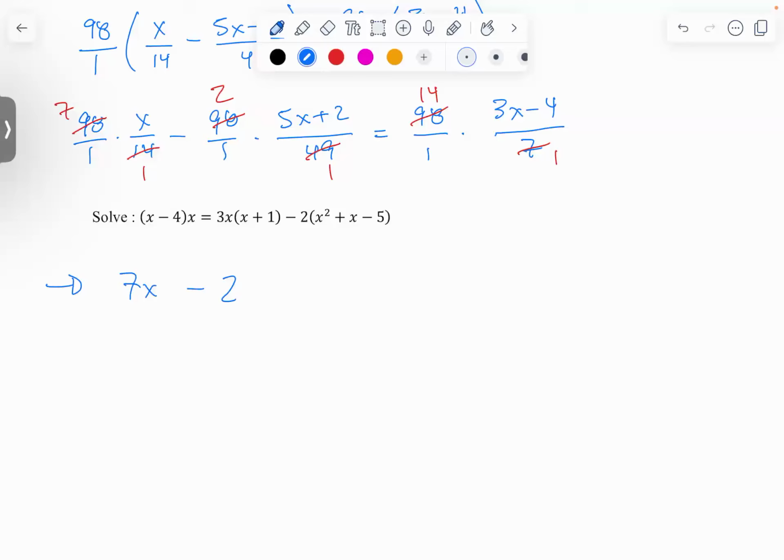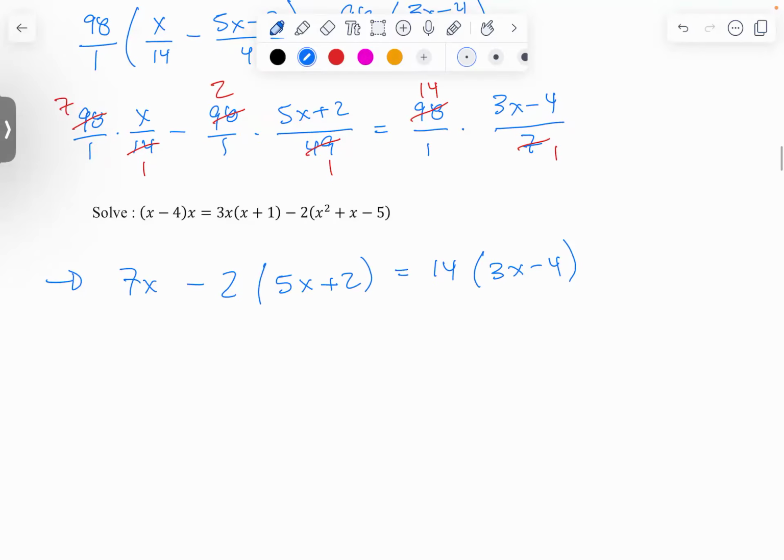Minus, actually, let's write this out slower. This is 2, 5x plus 2. That whole thing is in the entirety of the numerator, which means there's technically, all right, hidden parentheses around that. Same thing with this one. That's the thing I see people mess up. That 14 has to go into both the 3x and the negative 4.